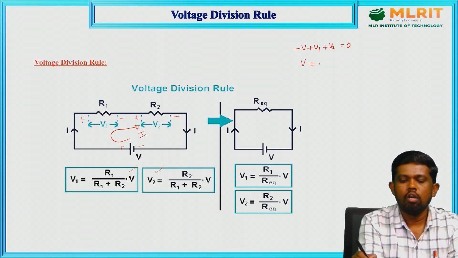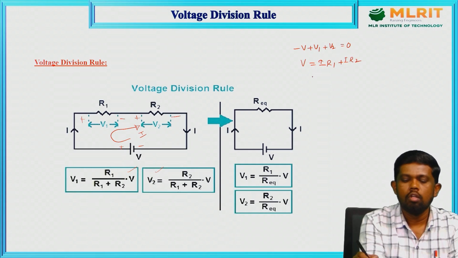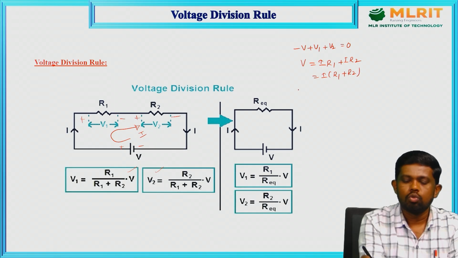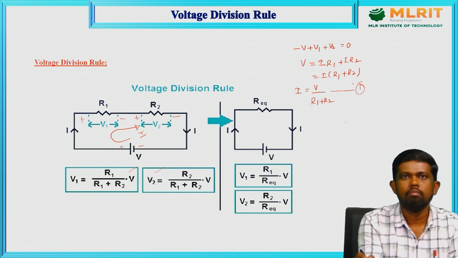Then V equals I into R1 plus I into R2. Taking I common, V equals I times (R1 plus R2). So the response of the circuit according to Kirchhoff's law is I equals V by (R1 plus R2). This is equation number 1.